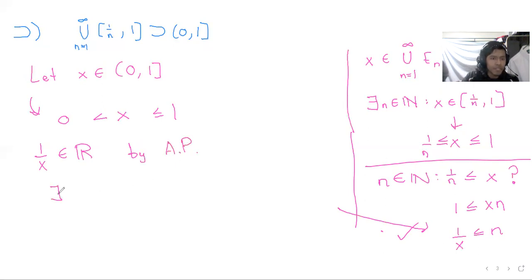And so there exists an n. Now we solve for the x, not the n, and 1 over n is less than or equal to x.